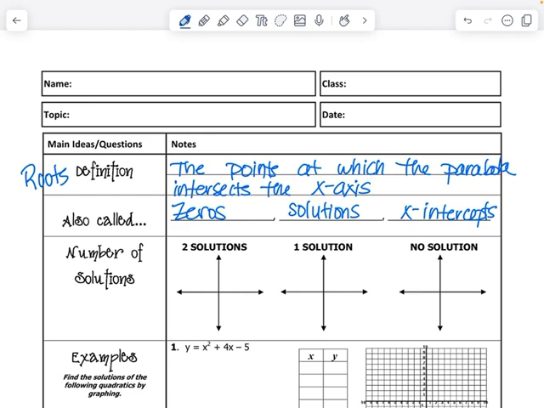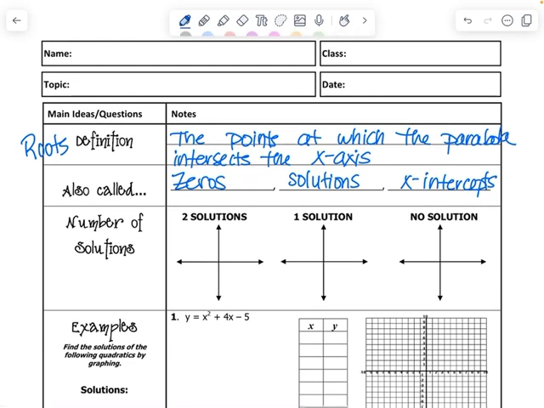Now, there are three different ways this could look. We could have a parabola, whether it opens up or opens down, cross the x-axis 2 times, and we would have 2 solutions, okay? What would it look like if it only touched the x-axis 1 time?